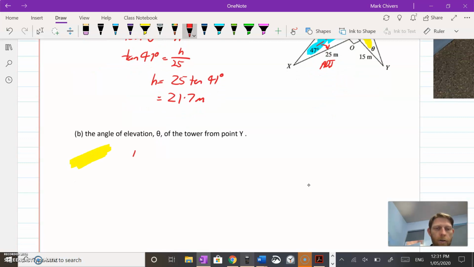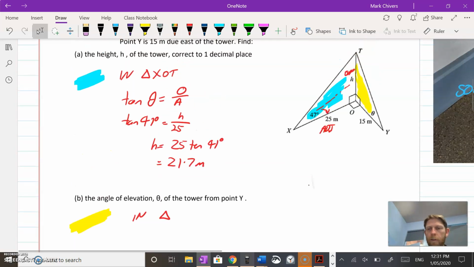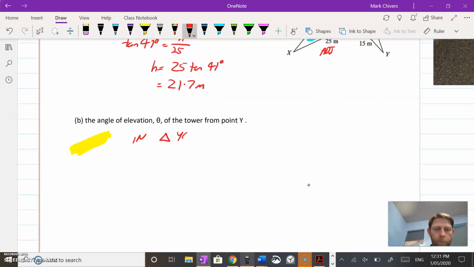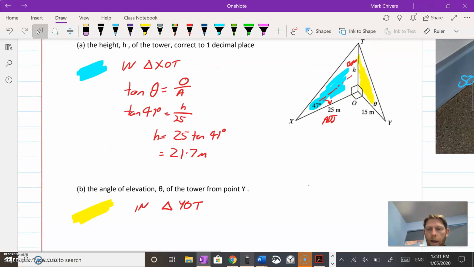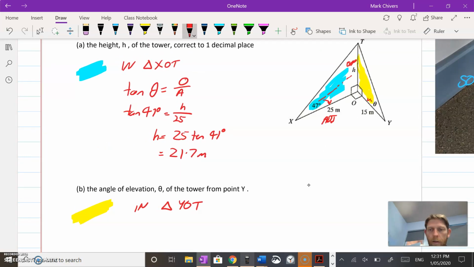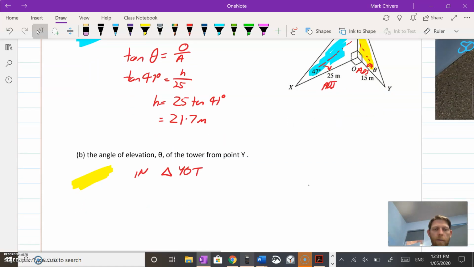So I'll say in triangle YOT. Now if we think about this and we've got our angle, I know this side, that's my adjacent side. And then I also know my opposite side. So I'll once again be using tan.